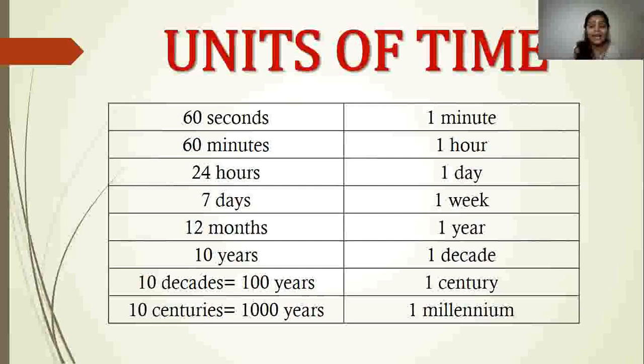Okay, so when the civilization was just progressing, people used to study the movement of the sun, the rising and the setting of the sun, the phases of the moon, the different seasons. Based on that, they used to understand the time period at that era.